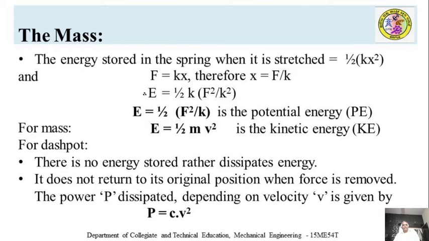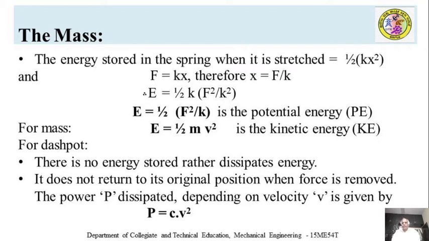Where F equals kx, therefore x is equal to F by k. So energy can be written as half k into F square by k square. So E equals half F square by k. This is the potential energy stored in the spring.